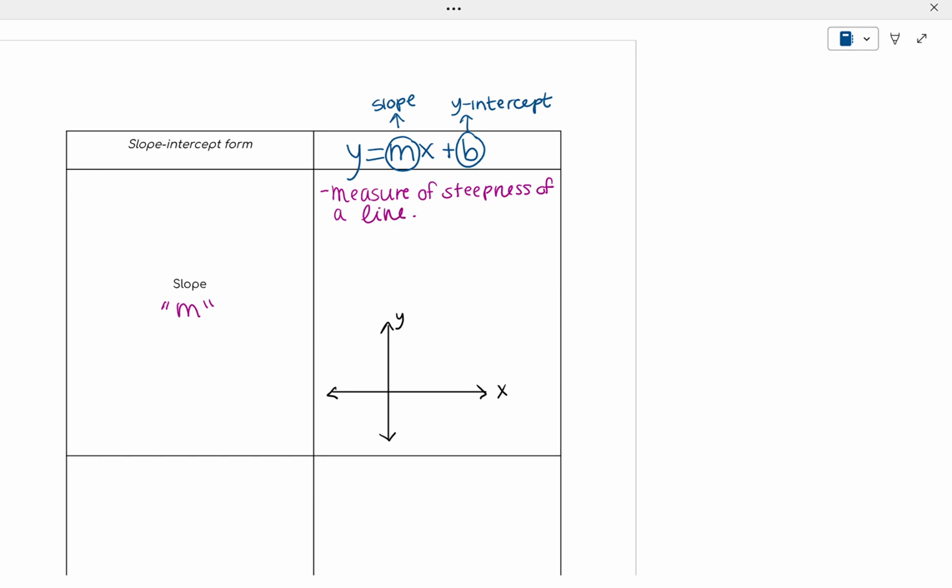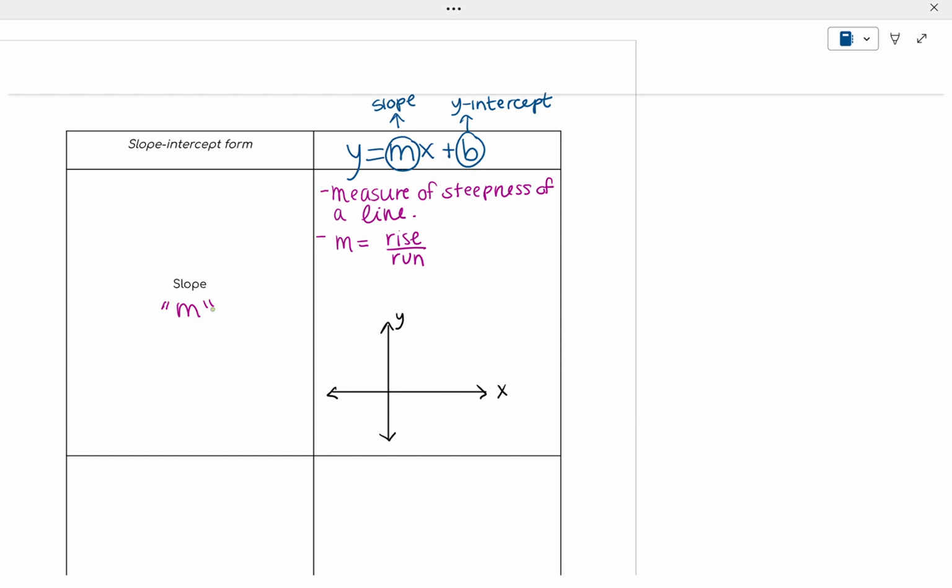All right, and if we're given 2 points on a line, we can also find the value of the slope by finding the rise over the run. So m equals the rise over the run. So let's see that graphically.